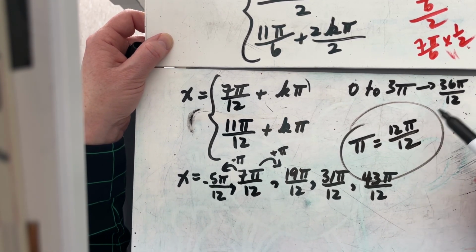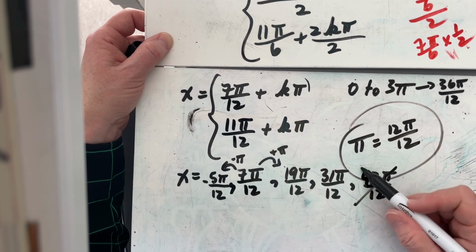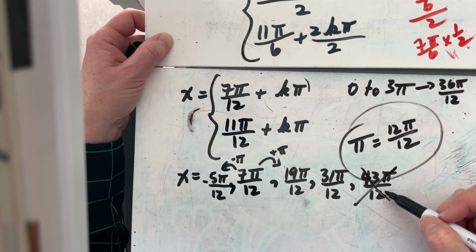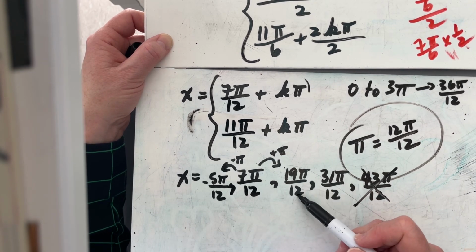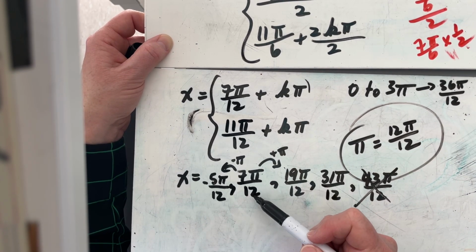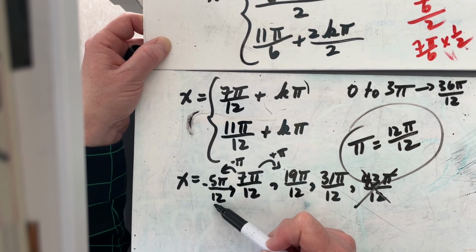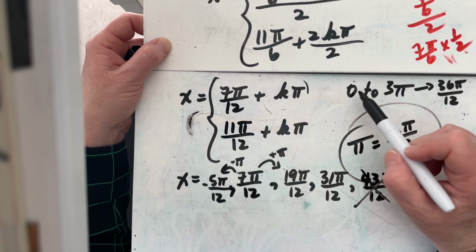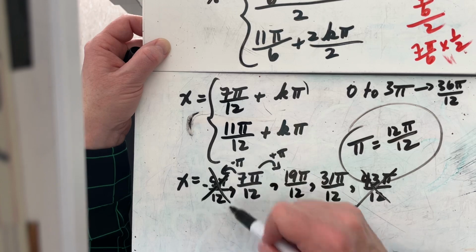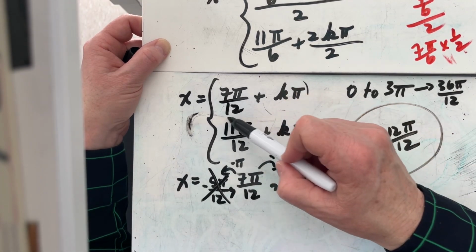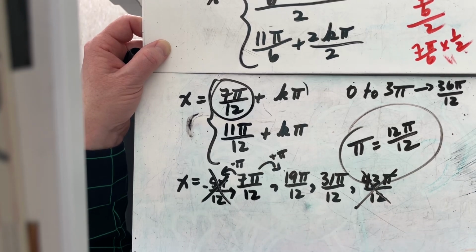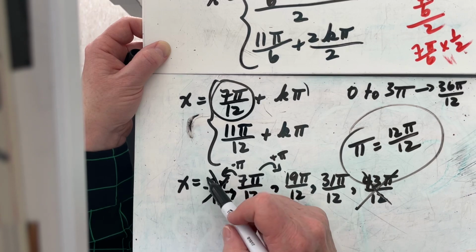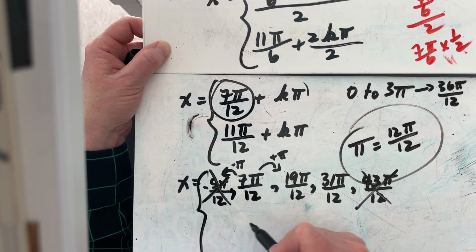So that means then that 43 pi over 12 is too big. 31 pi over 12 is good. 19 pi over 12 is good. 7 pi over 12 is good. Negative 5 pi over 12, is it within our domain? Well, we're starting at 0, so no, that one's too small. So from this one answer, 7 pi over 12, we actually get 3 answers that are good within that restricted domain. We're going to do that same thing with 11 pi over 12.